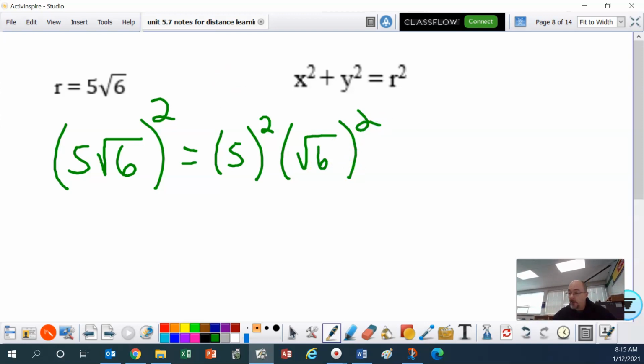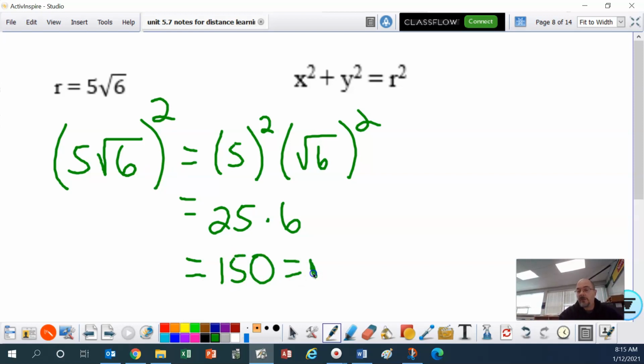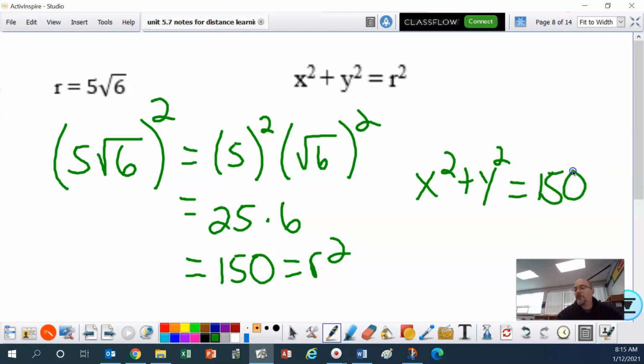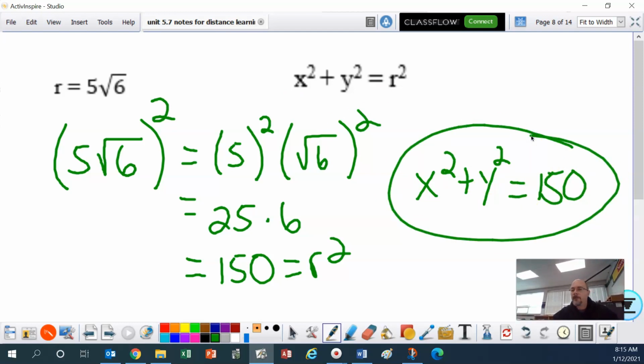Remember, the square goes to both of those. 5 squared is 25, times 6. 25 times 6 is 150. That's my r squared. So my answer is x squared plus y squared equals 150. That wasn't so bad. Again, if I'm going too fast, remember, hit the pause button, rewind it if you need to.